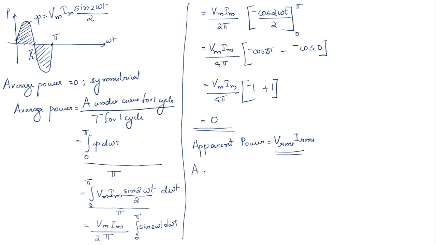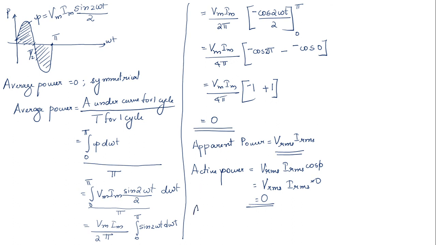Next one is active power. Active power is equal to Vrms Irms cos phi. What is the value of phi here? It is plus pi by 2. Substituting that, you will get cos of pi by 2, which is equal to 0, so your active power value is 0. This is the same as what we found out here.